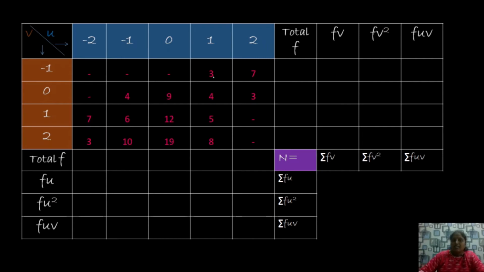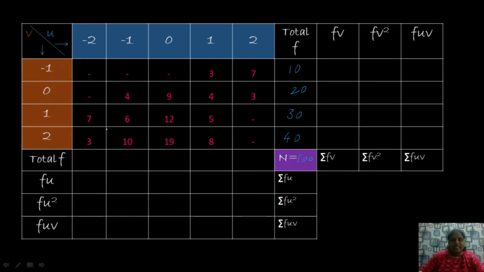So now 7 plus 3, 10. 4 plus 9, 13 plus 4, 17 plus 3, 20. 7 plus 6, 13 plus 12, 25 plus 5, 30. And 3 plus 10, 13 plus 19, 32 plus 8, 40. And adding all these values, you get 10 plus 20, 30 plus 30, 60 plus 40, 100.